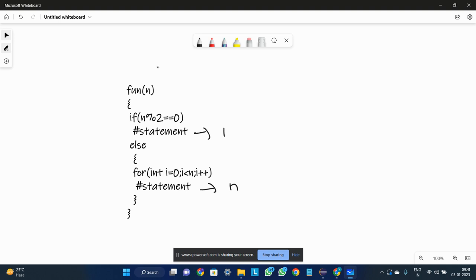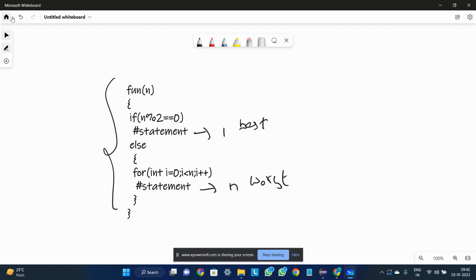So if we observe, for the same algorithm, based on our input, for the first one, that means if the input is even, can we say this is a best case, and for the second, it is odd, it is having n iterations, so this we can say as worst.